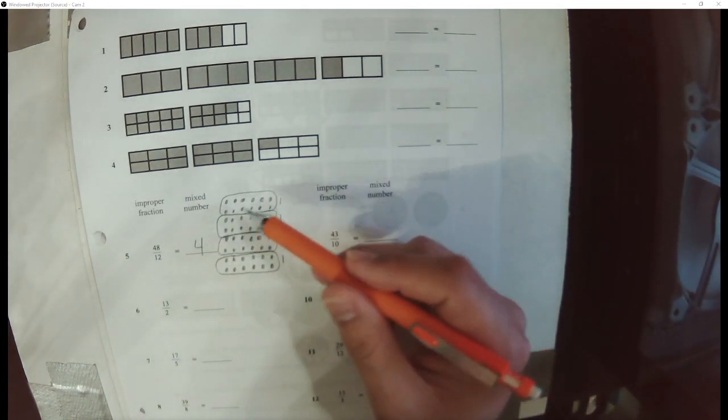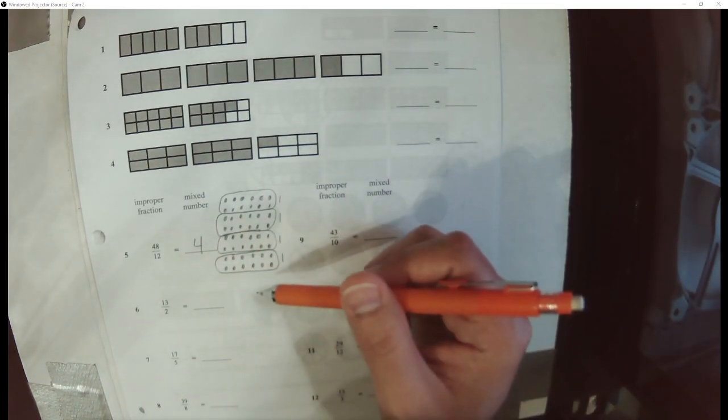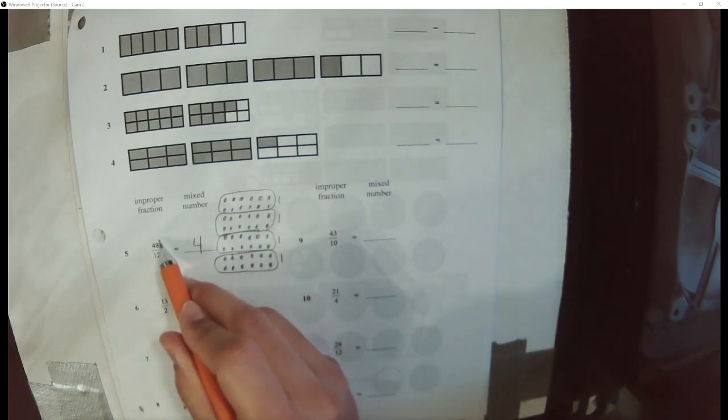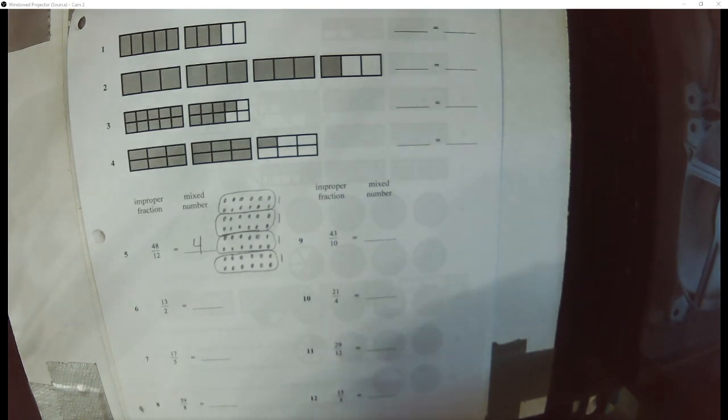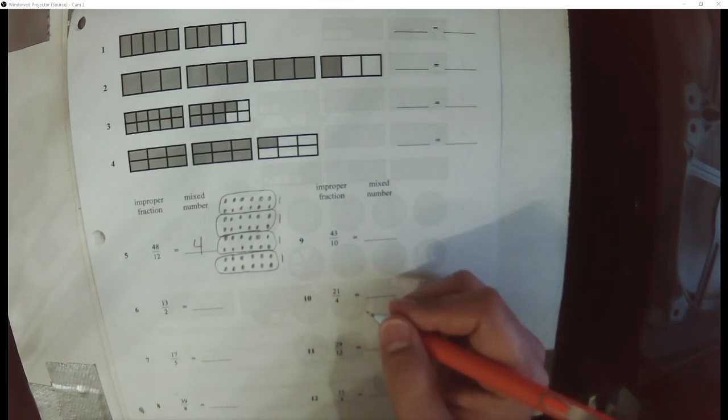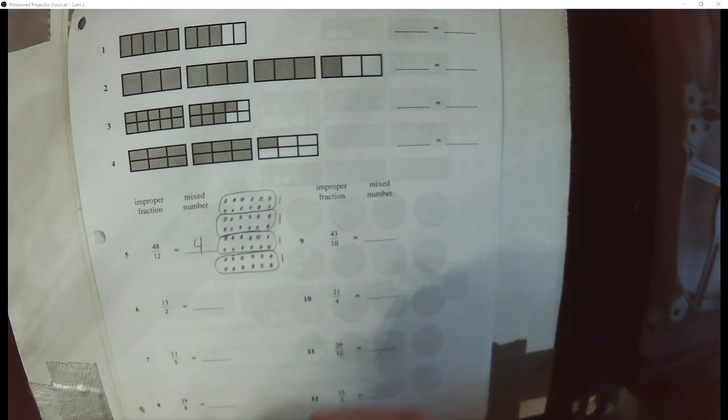So again, does this method work? Absolutely. But when I have numbers like 48, I don't want to be stuck on a math test drawing 48 dots. Or if they give me bigger numbers, 60, if they give me a number in the 70s or the 80s, I don't want to be stuck drawing 80-something dots on a math test.